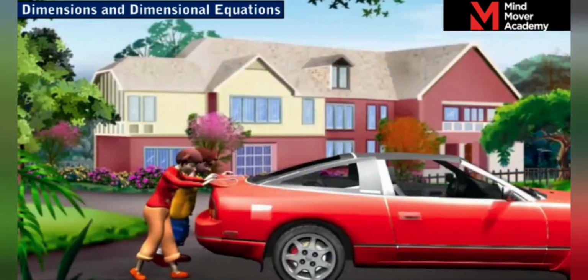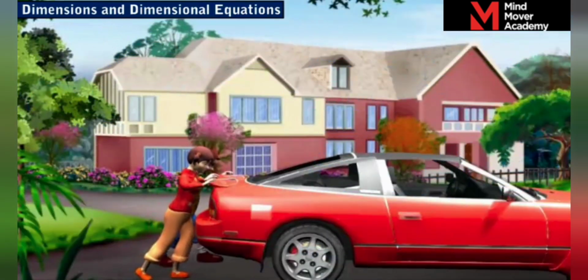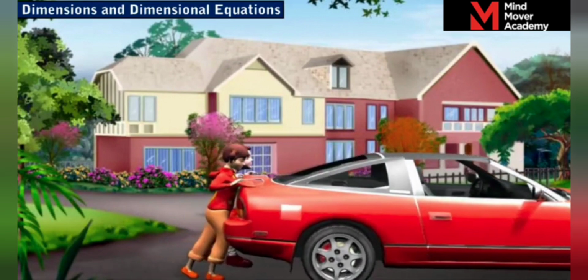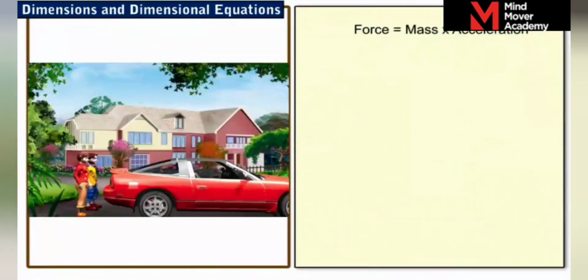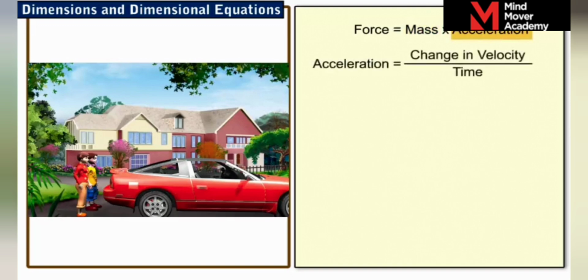For example, consider the quantity force. Force is the product of mass and acceleration. Mass is a base quantity, and acceleration is a derived quantity, which is the ratio of change in velocity to time.